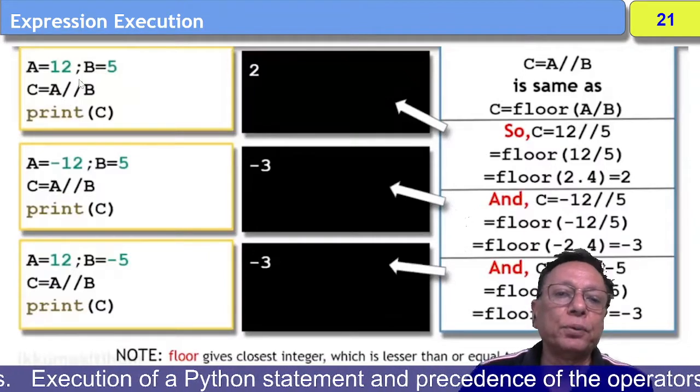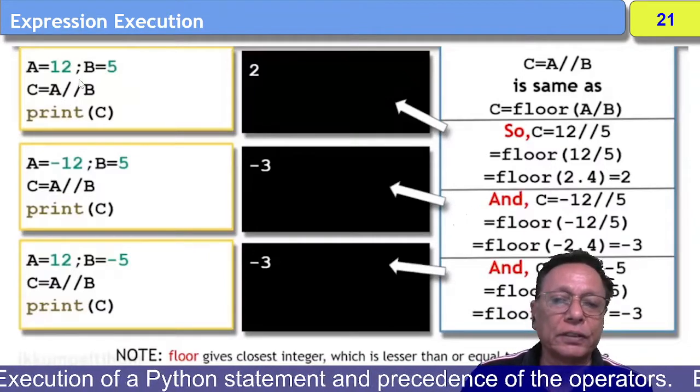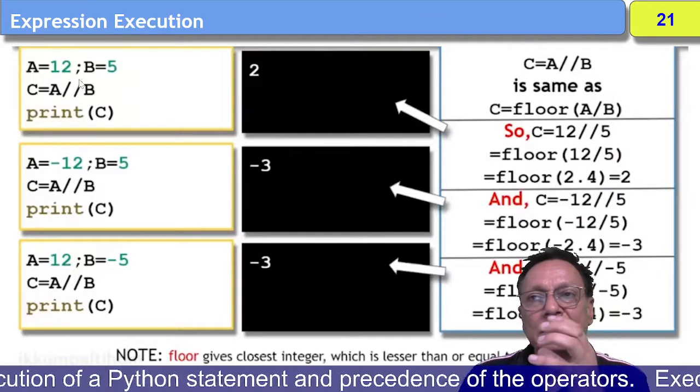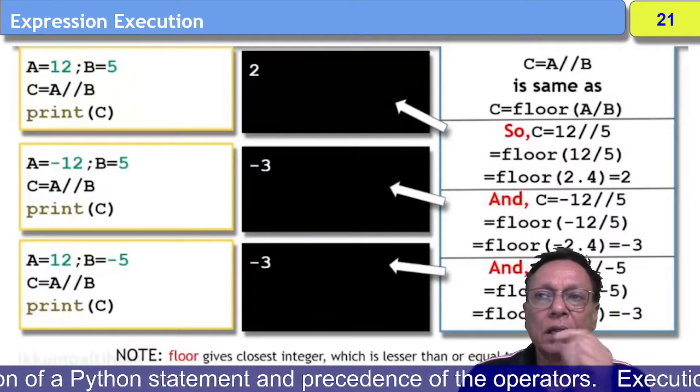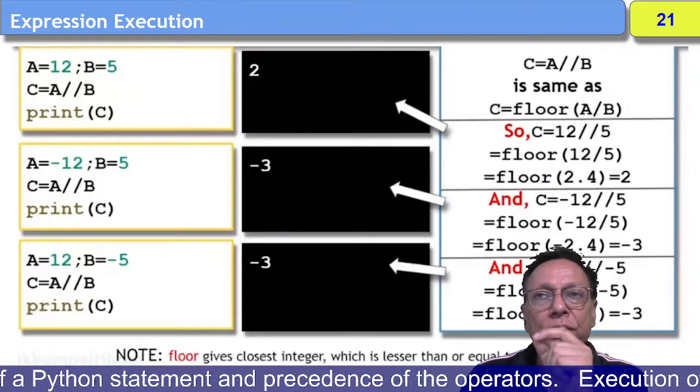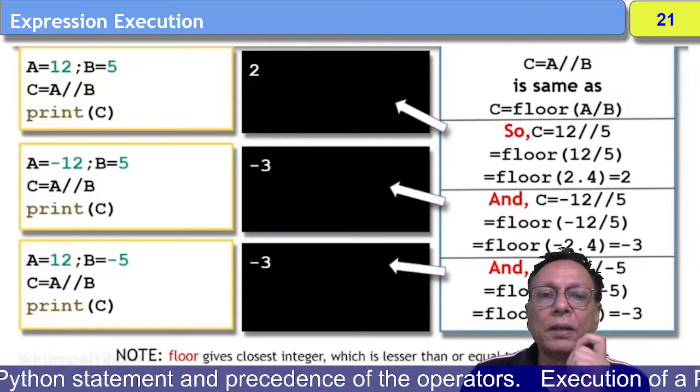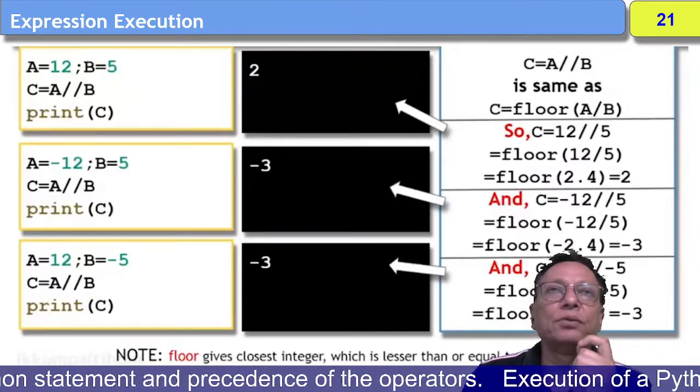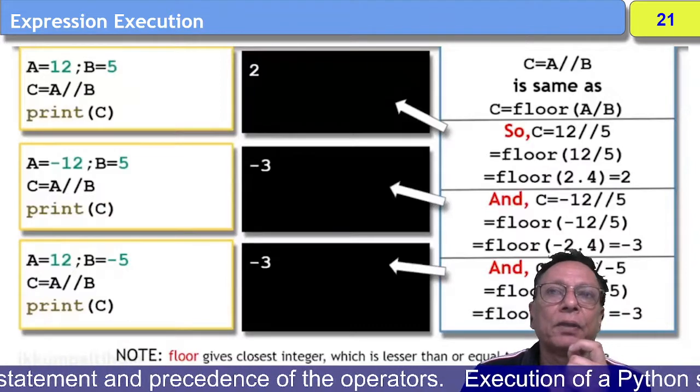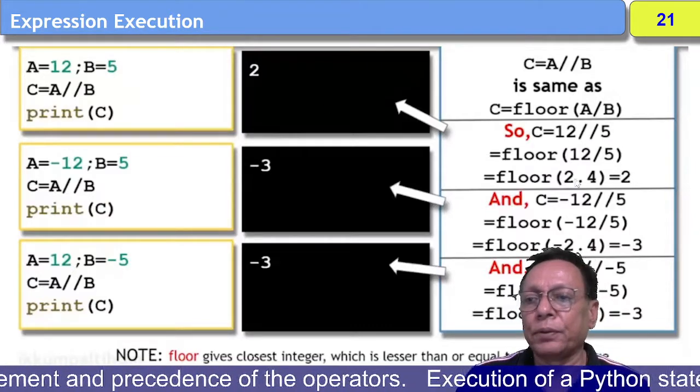So obviously when you apply floor division, it always gives the quotient less than or equal to the integer. Means if you divide 12 by 5, it gives 2.4.